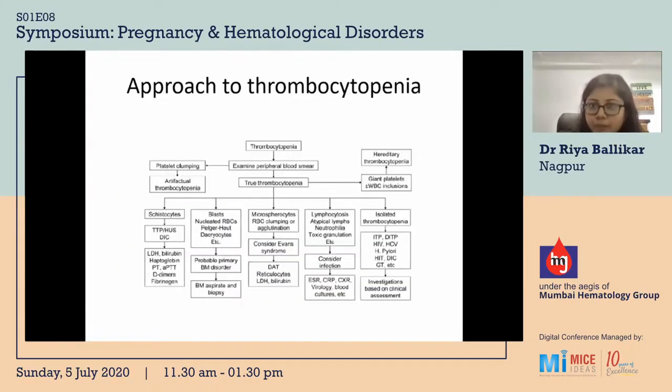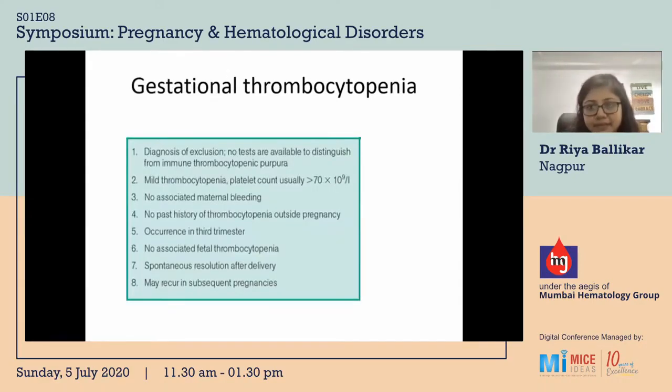Now, approach to thrombocytopenia, again, I will not go into details here, but whenever we have this patient, we have to rule out all the other causes of thrombocytopenia. Only then can you say that this patient is suffering from ITP, because ITP is a diagnosis of exclusion.